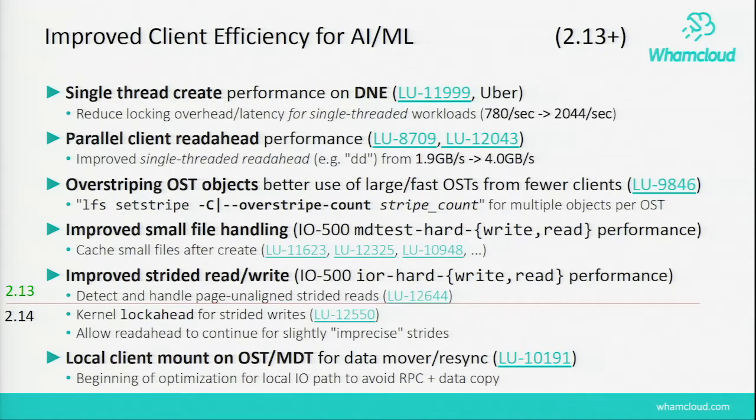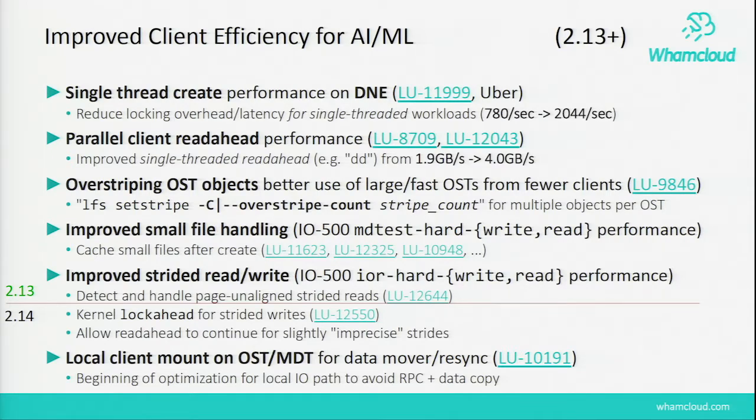Another interesting feature is called overstriping, where in the past you could only have 1 stripe of a file on each OST, and that was fine because individual OST performance was not very high.